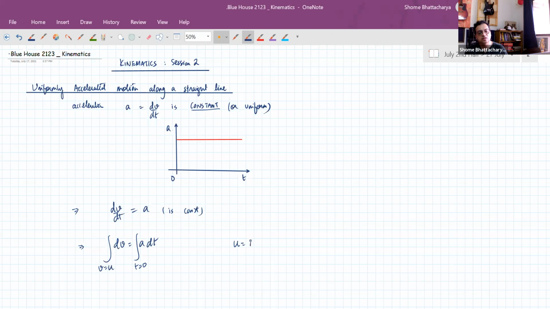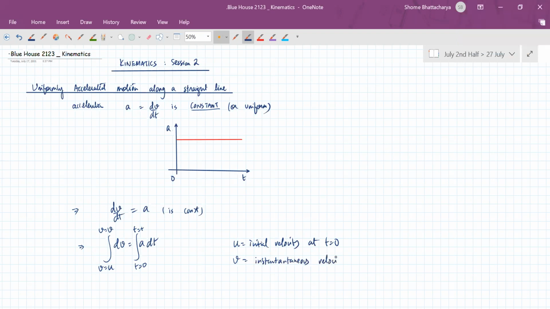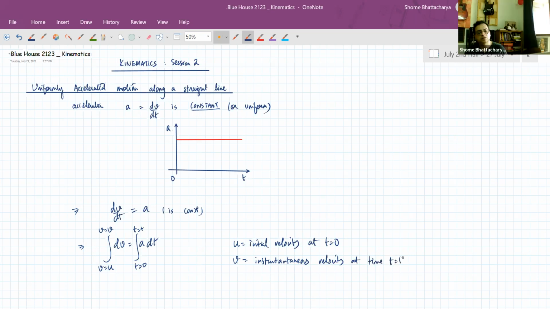So u here is the initial velocity at t equal to 0. And at time t equal to t, the velocity is v. So v is the instantaneous velocity at time t equal to t.